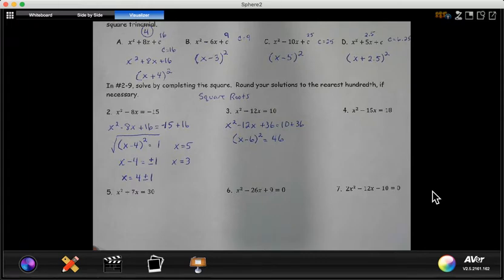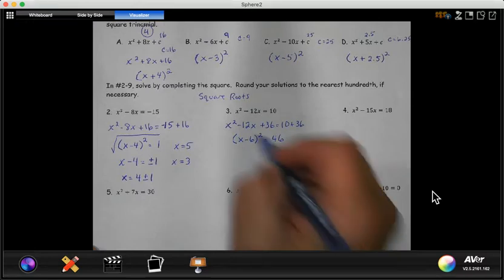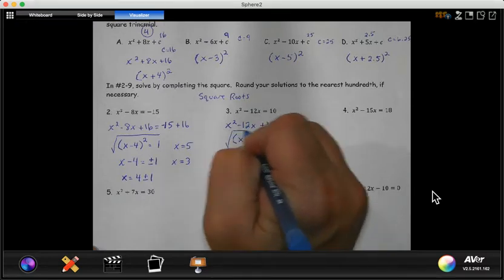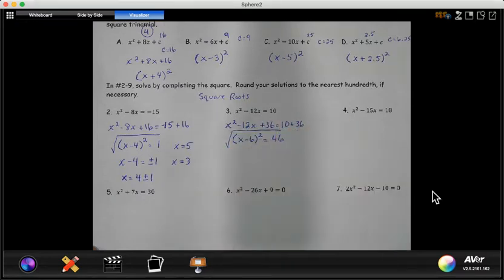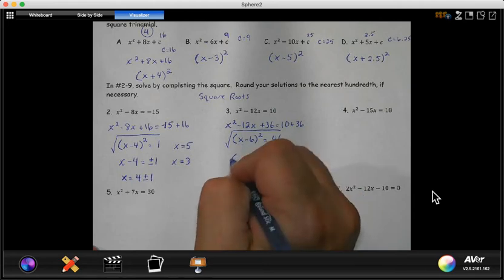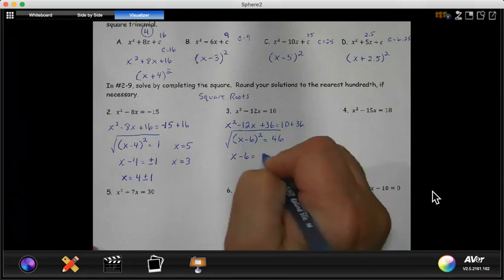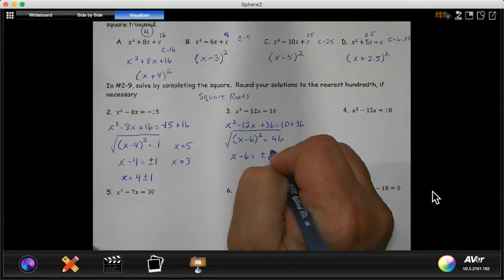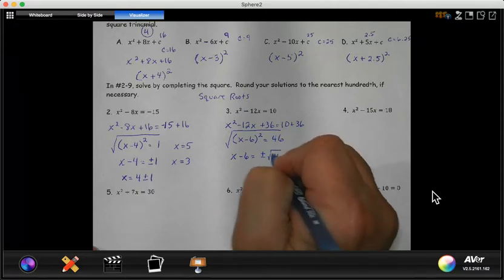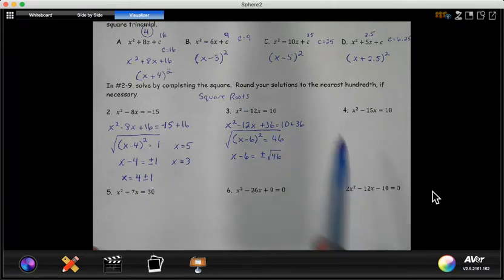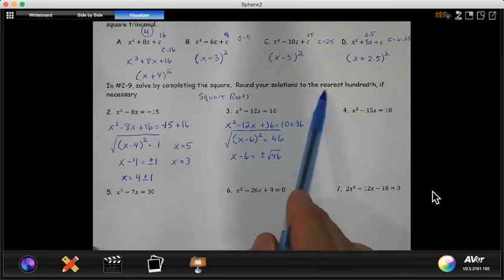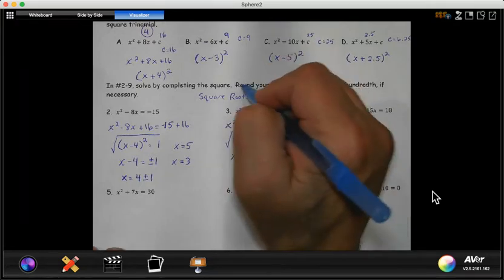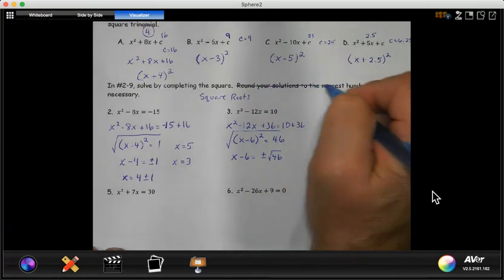We're going to roll with it. Okay? Square root both sides. And that leaves me with x minus 6 is equal to plus or minus root 46. Now, the directions in your notes say round your solutions to the nearest hundredths, but I wasn't paying attention to the directions.